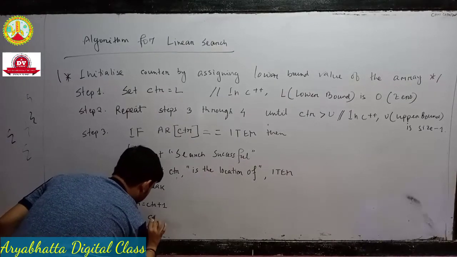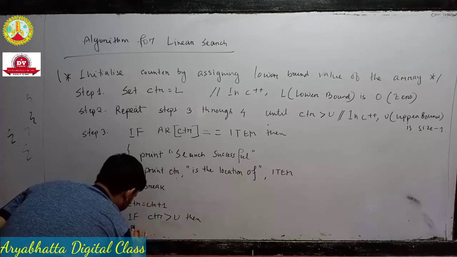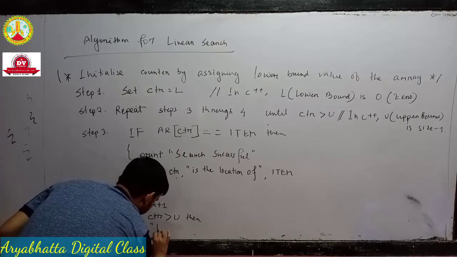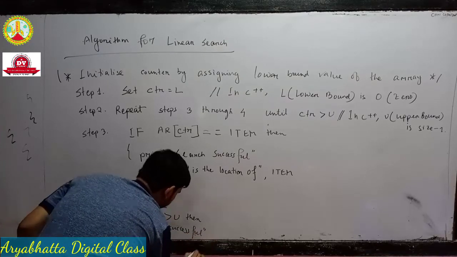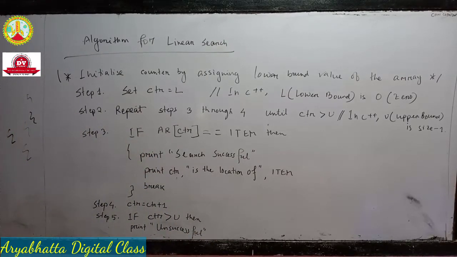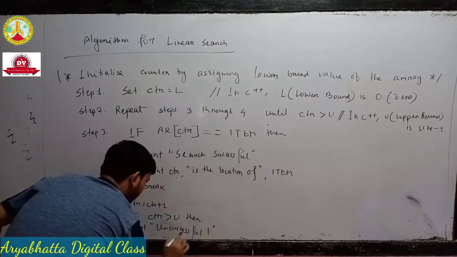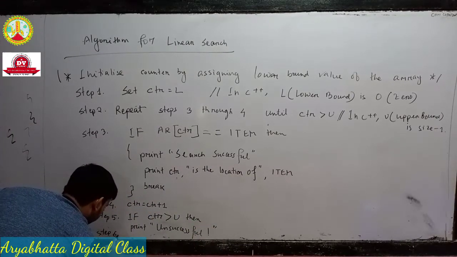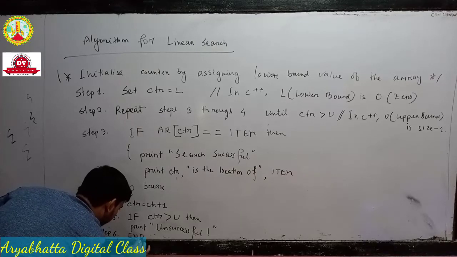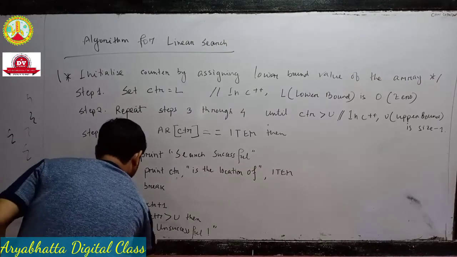If CTR greater than U, then print unsuccessful, right? And last step is step 6, END, end. Means this is the end. Full stop.